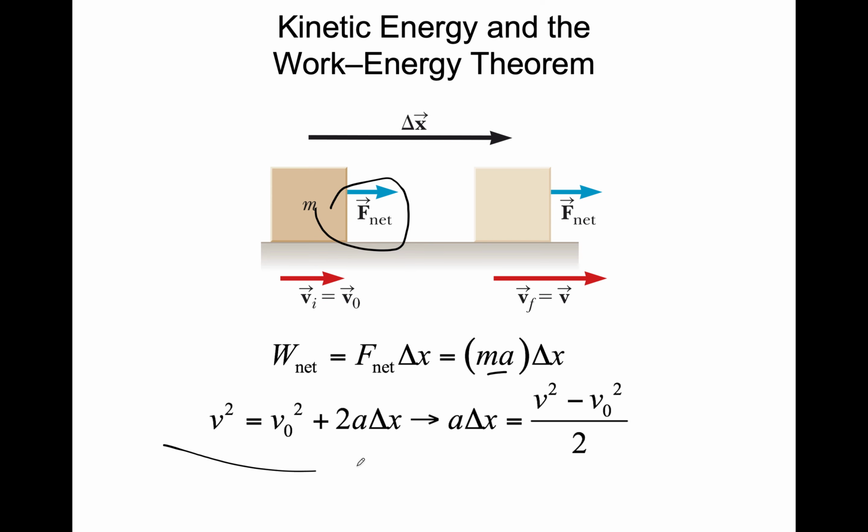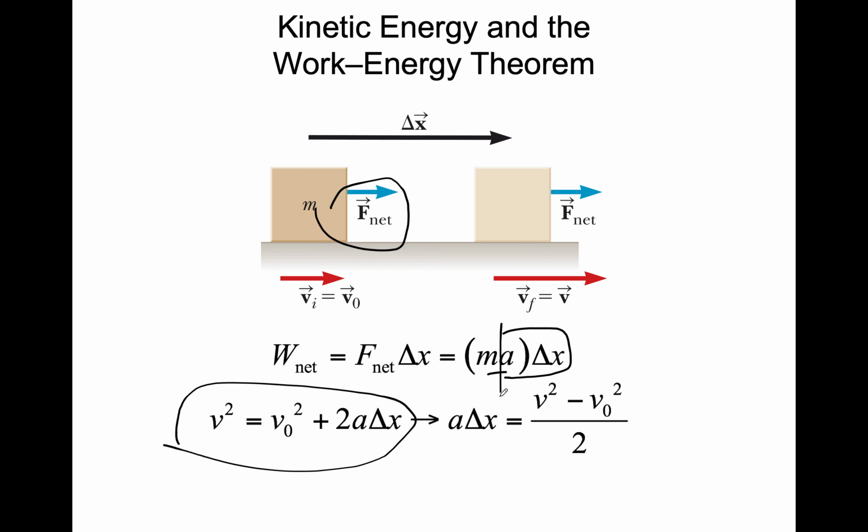And we have a kinematic equation, the third kinematic equation: final velocity squared equals initial velocity squared plus 2a delta x. From this equation, we can solve for a times delta x, because we have a times delta x here. a times delta x equals the final velocity squared minus the initial velocity squared, divided by 2.